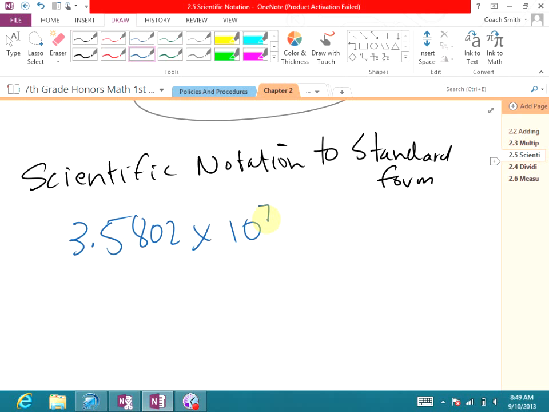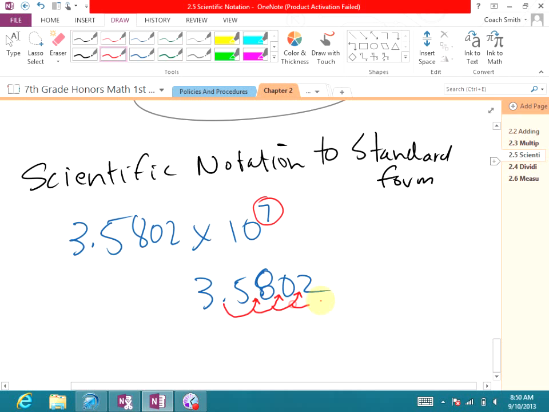It's very simplistic how to do it. You simply do this. There's the 7. Okay? I am going to take my decimal number here, and I'm going to take my decimal and move it once, twice, 3 times, 4 times, 5 times, 6 times, 7 times.